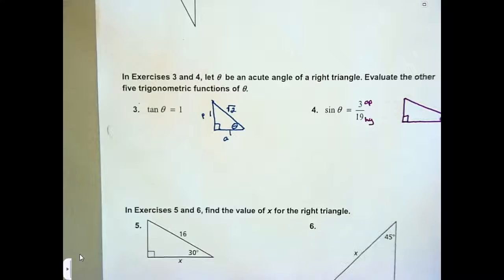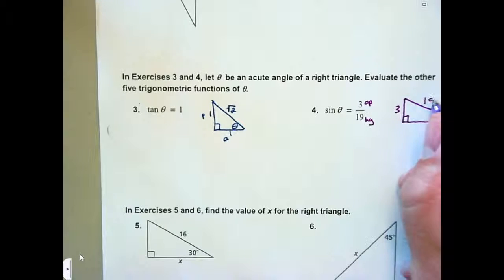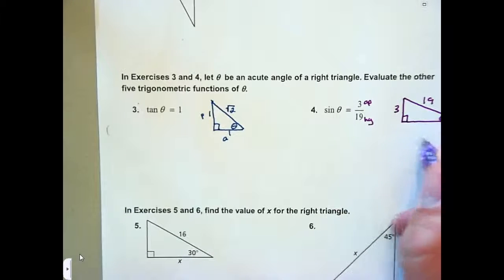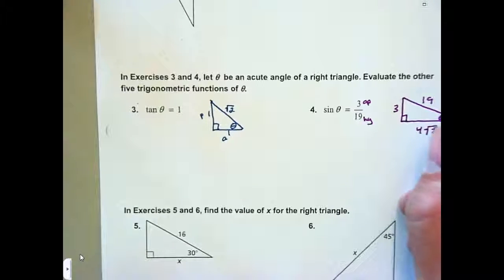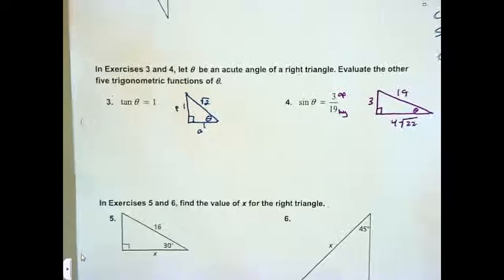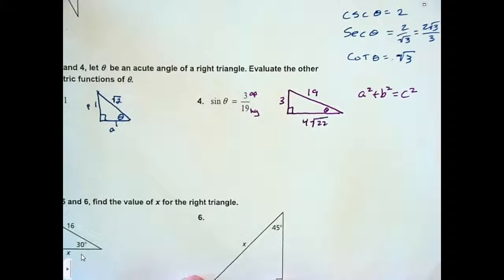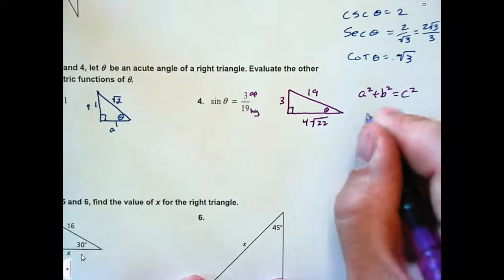I have opposite would be 3, hypotenuse would be 19. And then you'd have to find this length, and you'd do the Pythagorean theorem on it. And when you do it, you should end up with 4 root 22. That's doing a squared plus b squared equals c squared. That part was off screen.